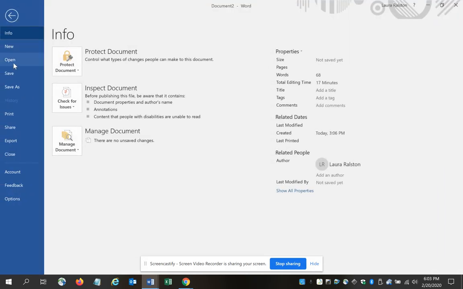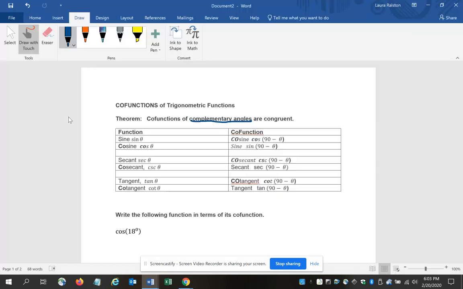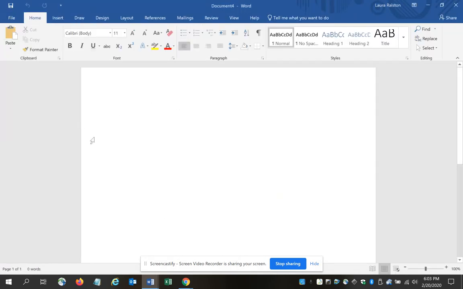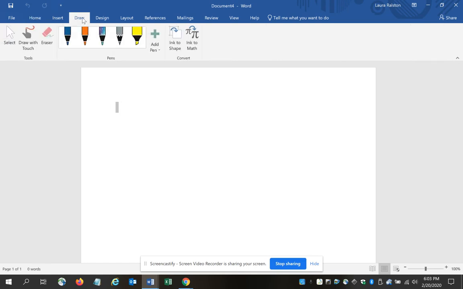So I'm going to pull up a blank page and let's talk about that. Complementary angles are two angles that add to 90 degrees.